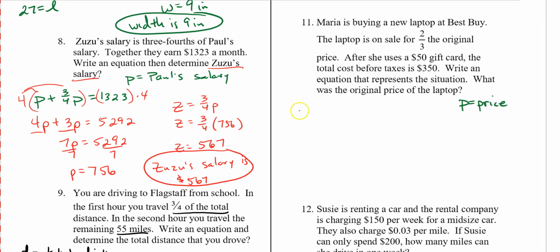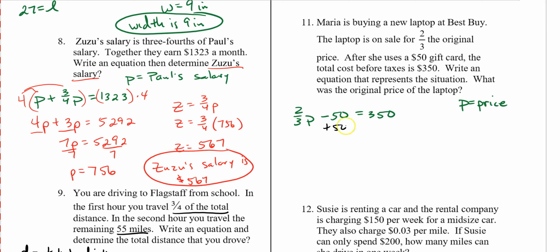So if it's on sale, we're paying for 2/3 of the price, it's actually not going to be plus because it says after she uses a $50 gift card. So it's 2/3 the price minus the $50 for the gift card. That leaves her paying $350 for the laptop. So 2/3 P minus 50 equals 350.